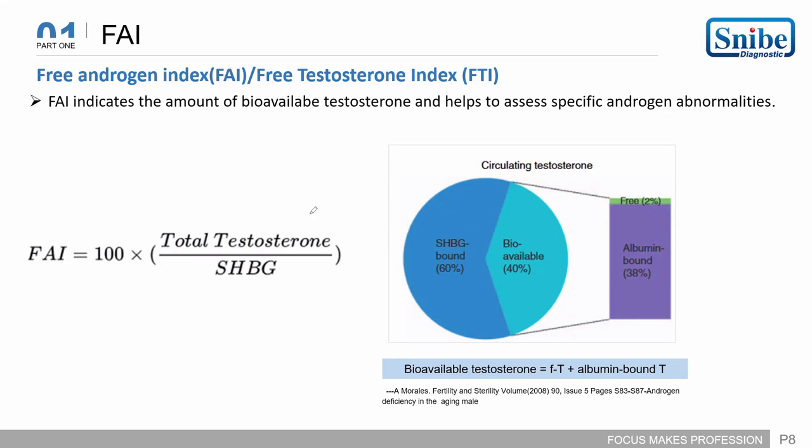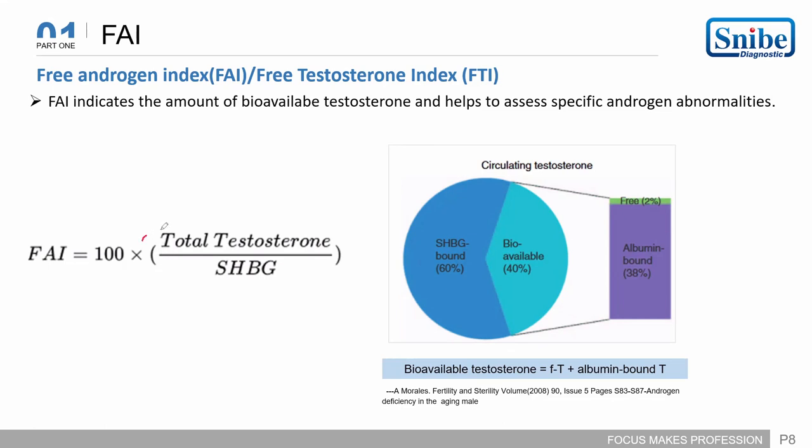You know that of the circulating testosterone, the sex hormone binding globulin-bound portion is 60% and the bioavailable is 40%, and that 40% is divided into how much is albumin bound and how much is free testosterone. For this purpose, they check the free androgen index through this formula.